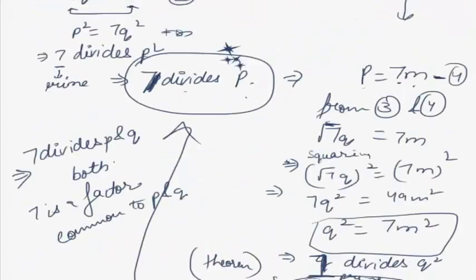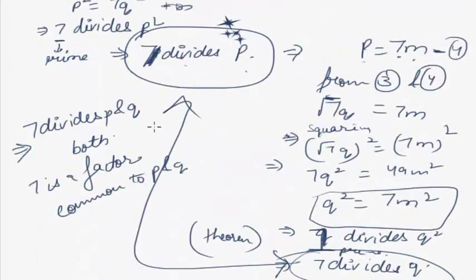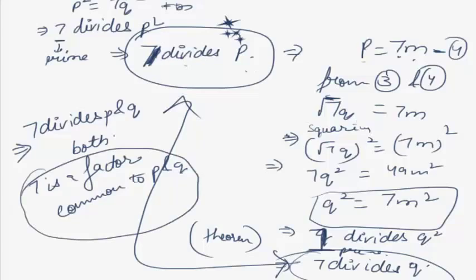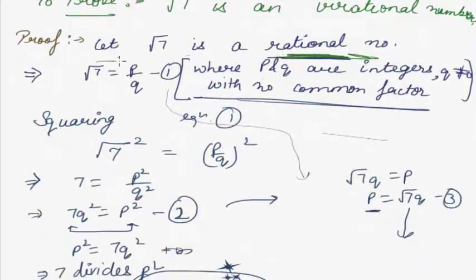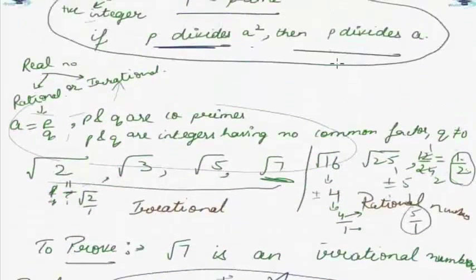But we have concluded, by taking root 7 as a rational number, that 7 is a factor common to p and q. So our assumption is totally wrong. That is, root 7 is not a rational number. Since root 7 is a real number, it will be an irrational number, because a real number is either rational or irrational.